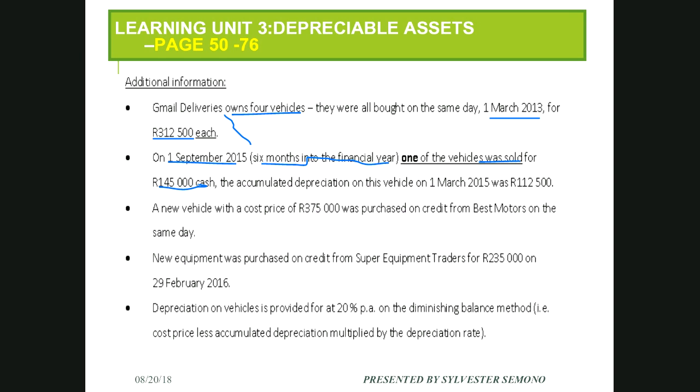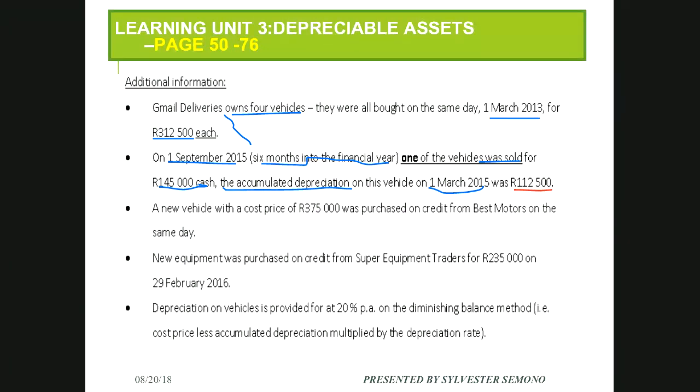Now, the asset which we are selling, at the beginning of our year, had lost value, accumulated depreciation, of 112. Remember, we're just analyzing the information here. I'll come back to that so we can put all this information on the timeline. But for now, let's just analyze.